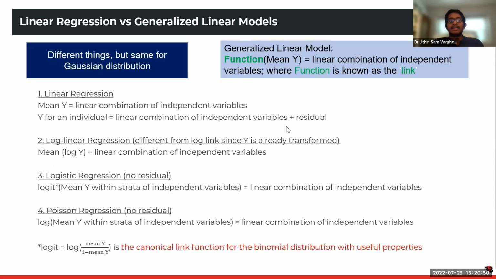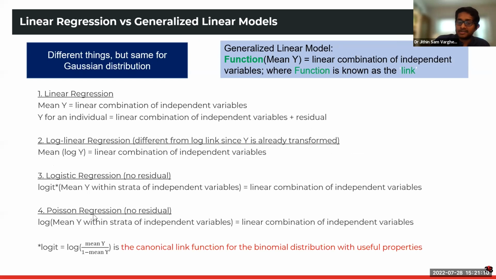The next one. You might have come across other regression models like logistic regression or Poisson regression. These are all similar, but linear regression primarily deals with the normal distribution, while the other regressions deal with other distributions. For example, logistic regression deals with the binomial distribution, and this is for binary outcomes.